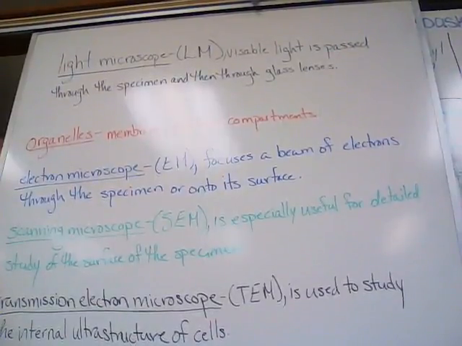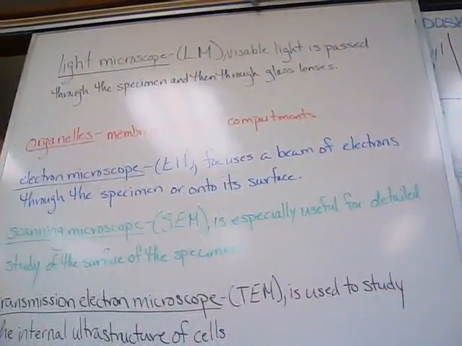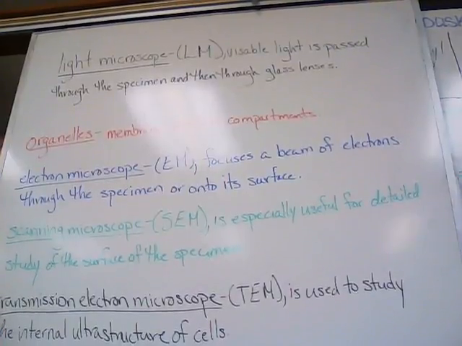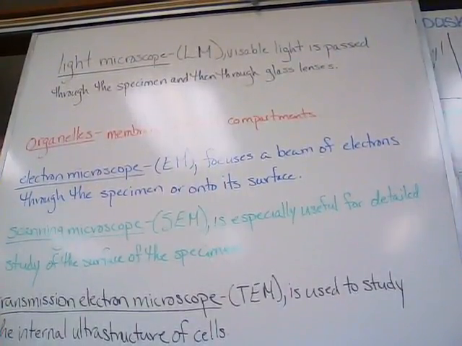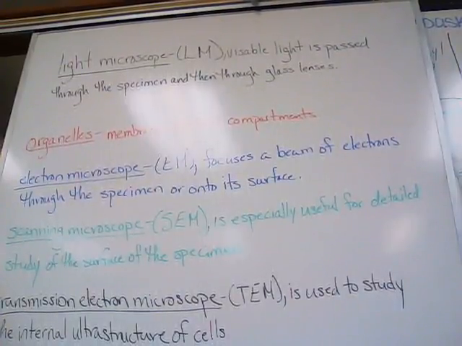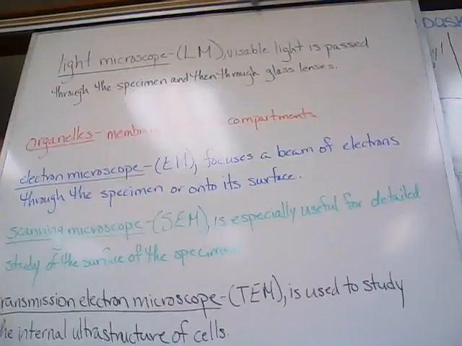The specimen has been stained with atoms of heavy metals, which attach to certain cellular structures, thus enhancing the electron density of some parts of the cell more than others. The electrons passing through the specimen are scattered more in the denser regions, so fewer are transmitted. The image displays the pattern of transmitted electrons.